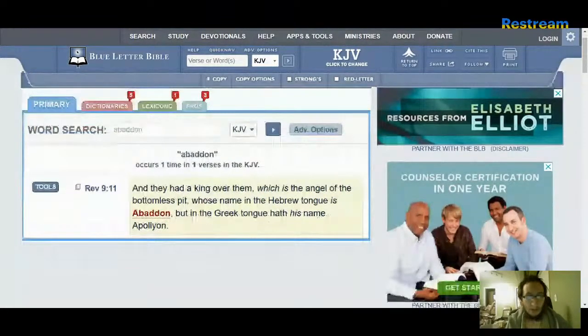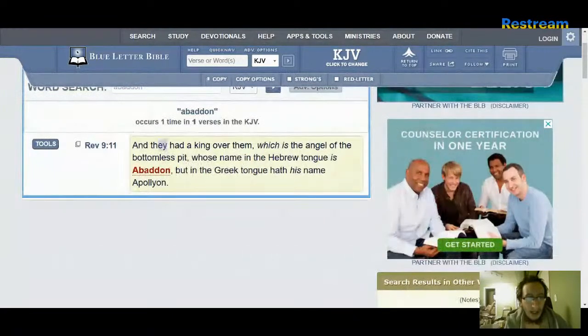Revelation 9: "And they had a king over them, the angel of the bottomless pit, whose name in the Hebrew tongue is Abaddon, but in the Greek tongue hath the name Apollyon." Apollyon in Greek literally means to destroy. So destroy is the same meaning.